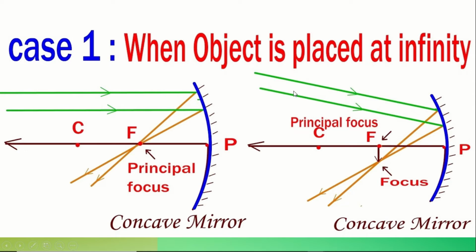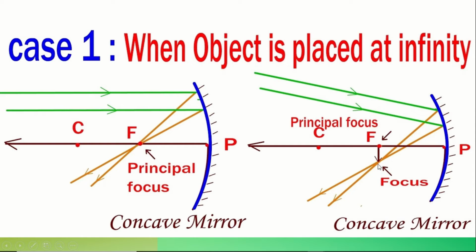So the light coming from that far away object is hitting the concave mirror. After reflection, both the reflected rays coincide at one single point, that is the principal focus. So this proves that when the object is at infinity, the image will form at the principal focus, where it is real and inverted.